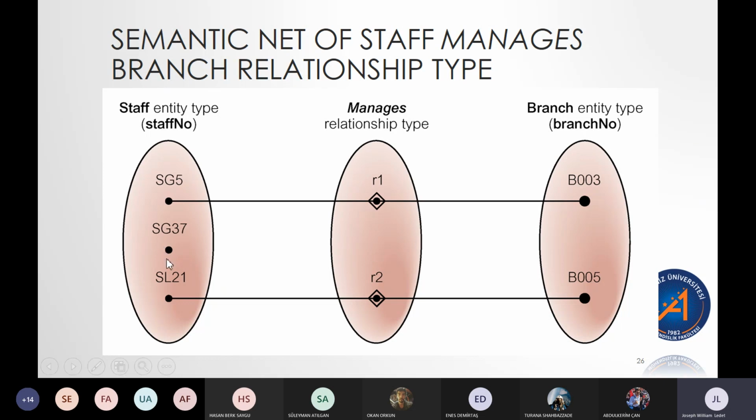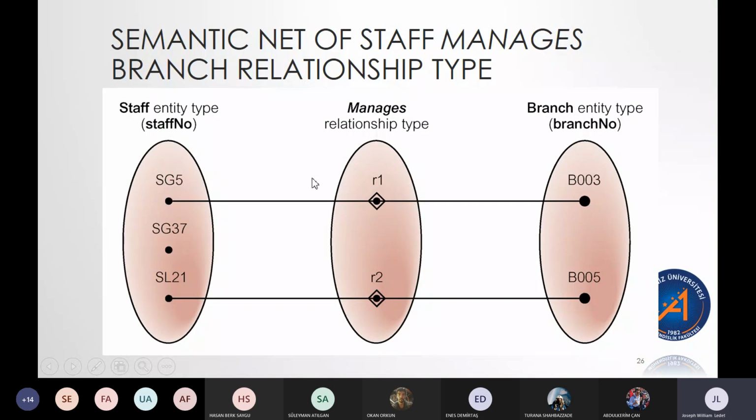They don't have a branch over here that they are part of. Now they work at the branch, but that's a different relationship. Here we are only analyzing the manager's relationship.